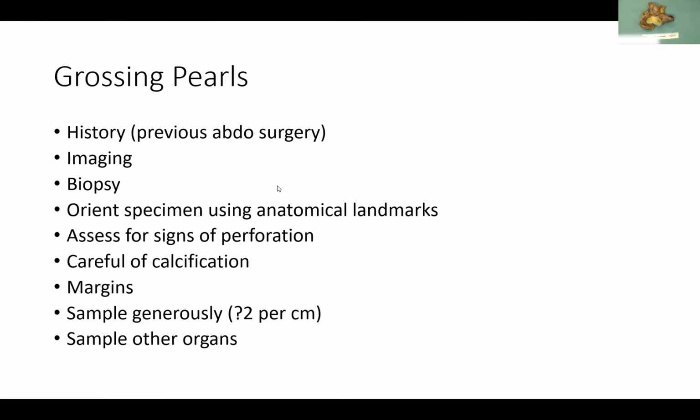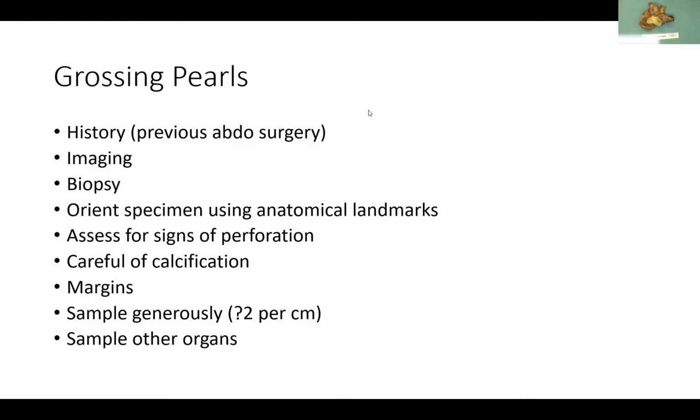And then finally, some grossing pearls. So history, if there's any previous abdominal surgery, and I'm keeping that vague, but basically in case there's been any potential reason for any inflammation in the area, what's another important history that might go along with an appendiceal mucocele? If someone in the chat can put that down.